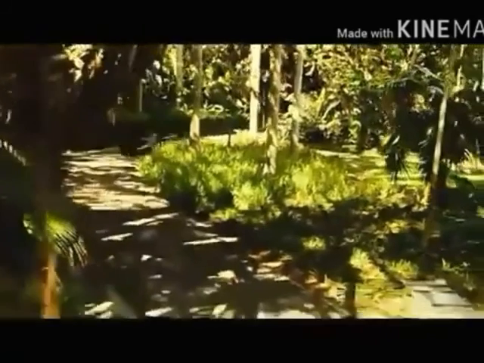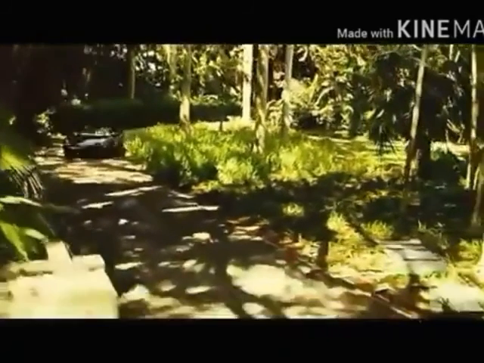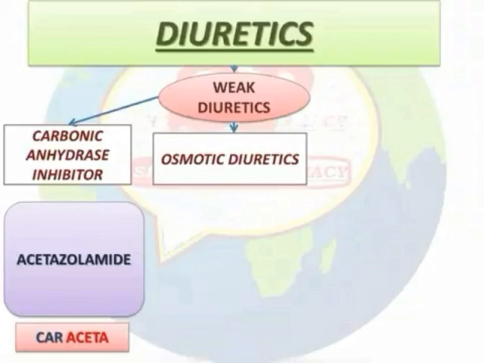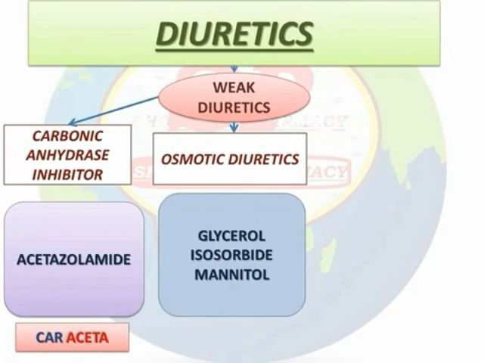So next we see the uses of potassium sparing diuretics. They are administered concurrently with thiazide and loop diuretics to counteract K plus loss, and also for edema and hypertension.